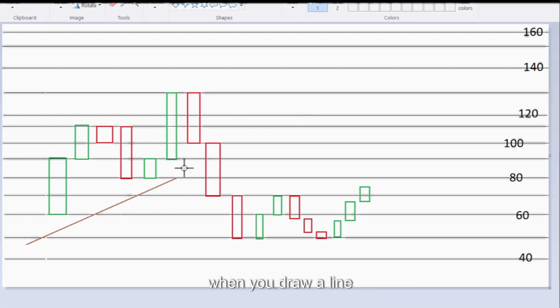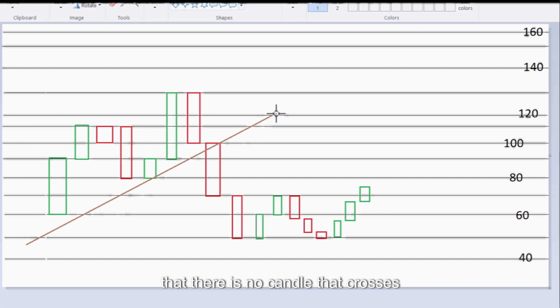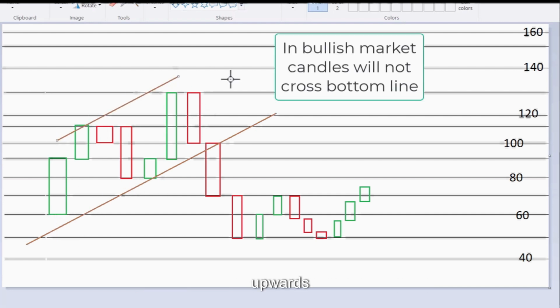When you draw a line, if you see that there is no candle that crosses the bottom line, then you can easily say, okay, the market is going upwards. But when the candle crosses the line and you don't see any candle that crosses the above line, it means the market has changed its course, changed its trend, and now it's bearish. So let me show you again.